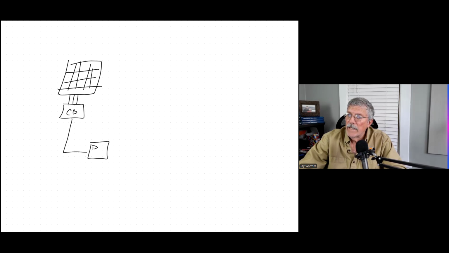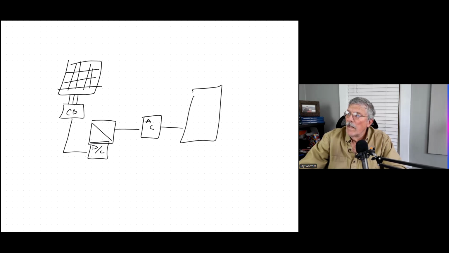And let's assume that DC disconnect is connected to my inverter. And from the inverter, I'm going to go to an AC disconnect. And from the AC disconnect, it's going to hook into my service panel. And then that's going to go out, and then this is my meter.